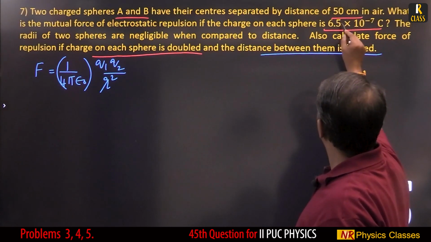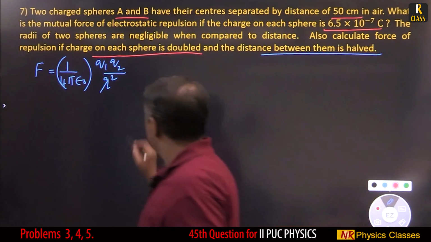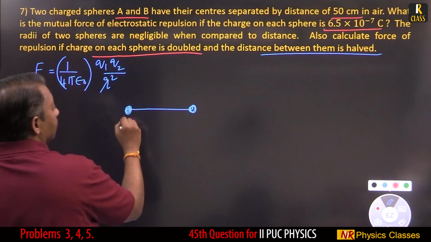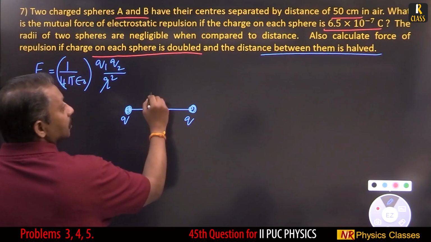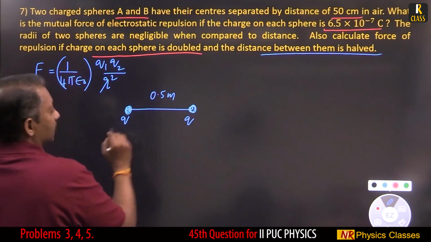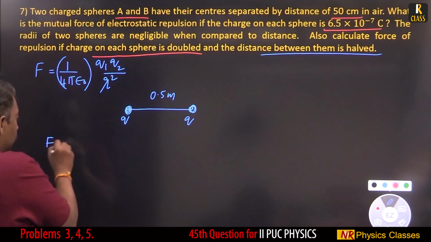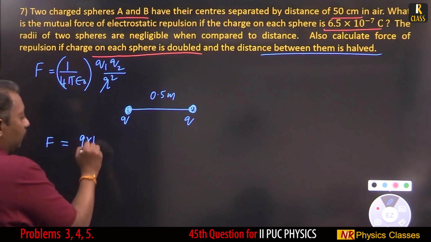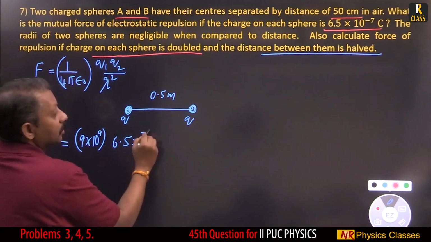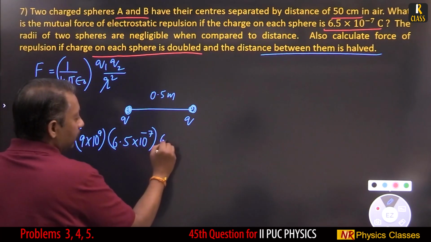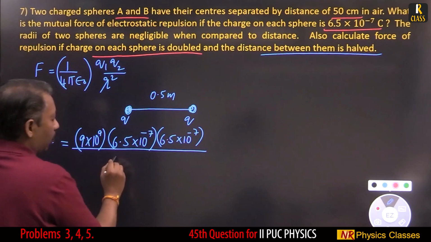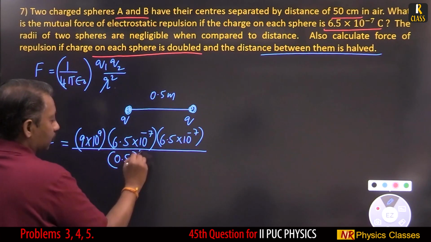So because of these two charges separated by 0.5 meter, this is a small diagram. Q1, Q2, distance is 50 centimeter, 0.5 meter. This charge equal to this charge, identical charges, 6.5. Therefore, force equal to the constant 9 × 10^9, charges 6.5 × 10^-7 into 6.5 × 10^-7 by distance square, 0.5 square.